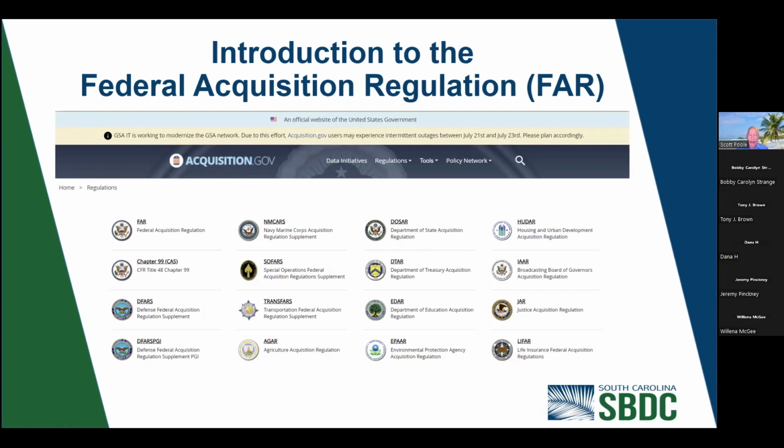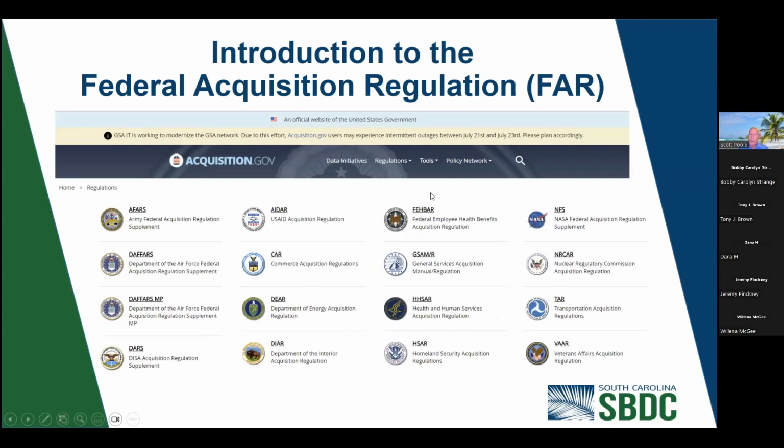Acquisition.gov is going to show you all the regulations for the ones listed here. The first one is the FAR, and then you have the Navy and Marine Corps Acquisition Regulation Supplement, Department of State regulation, Housing and Urban Development. They're all laid down there.